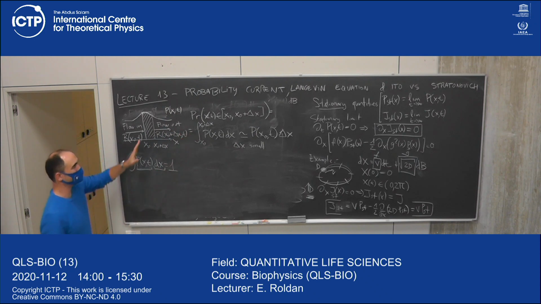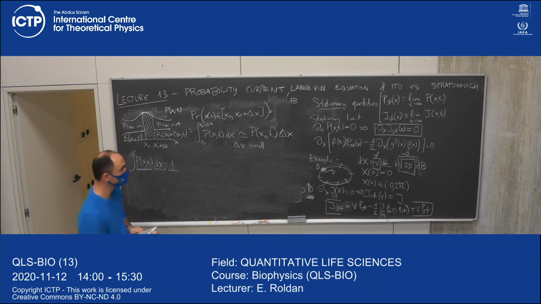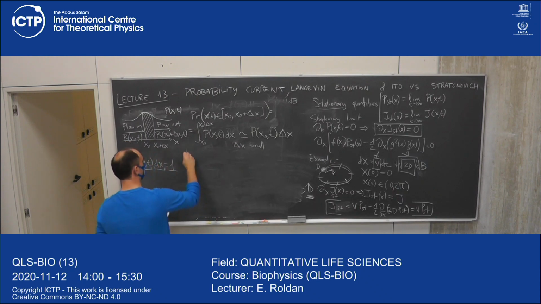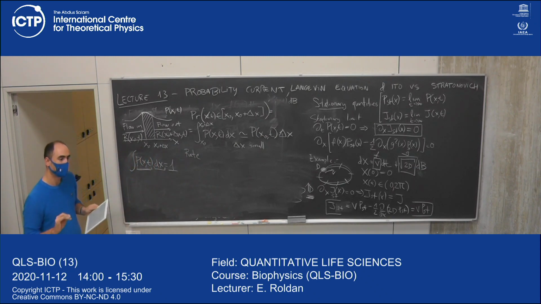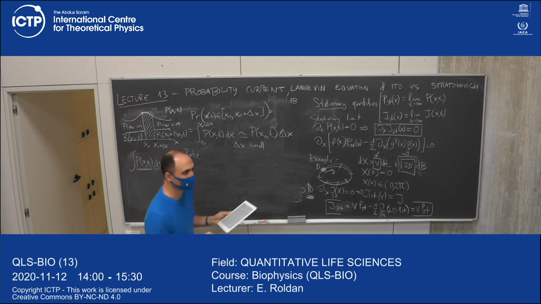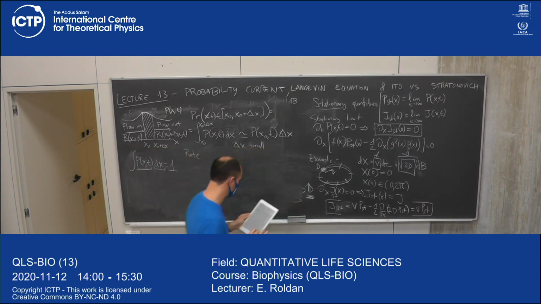They are getting out from x0 plus delta x, and here they are getting in at x0. I'm not doing this mathematically in detail, but this is to give you an intuitive idea. For the mathematical derivation, it is what I did yesterday.